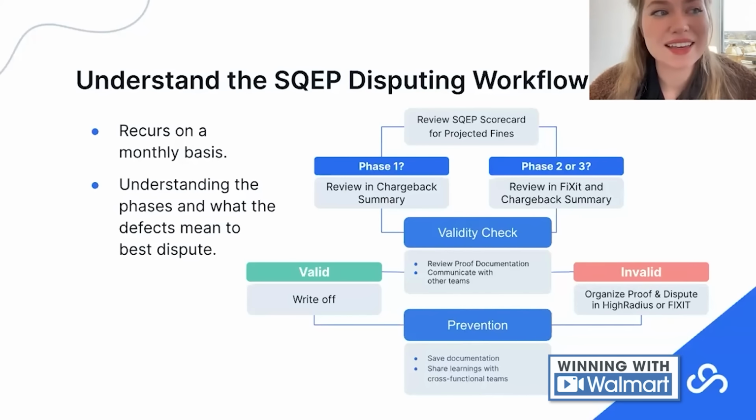I think Ken from GNC, we had him come in and he taught an entire class on SQEP. One thing that he mentioned is that suppliers will sometimes see the photos in Fix It come through, and it's not even their product that is being sent to them as proof for the fine that they're receiving.